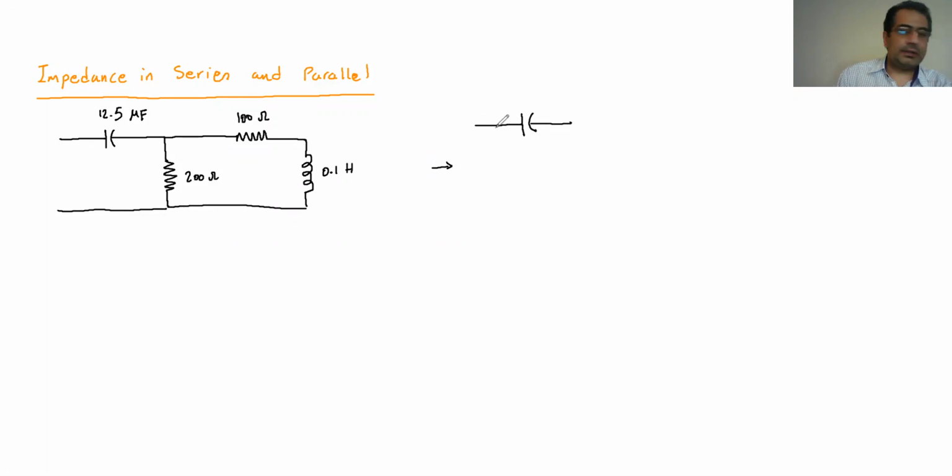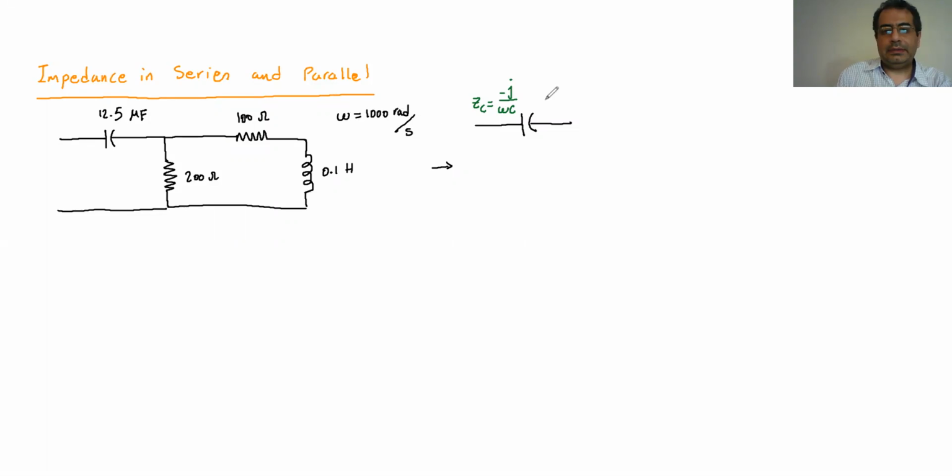We note that the impedance for the capacitor, ZC, is negative j divided by omega C. Assume the omega is given as 1000 radians per second. So we know the omega.